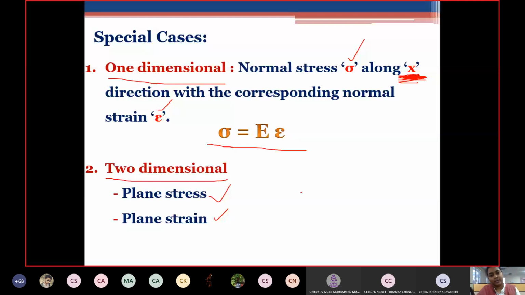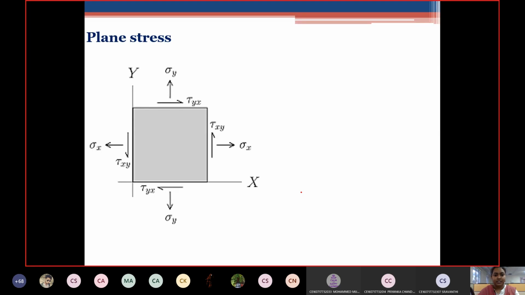Now because we are trying to consider the 3D element and reduce it to the 2D constraint, we will have two categories. Because we are trying to reduce from the constitutive matrix, we have to look at which terms present in the constitutive matrix will become 0. First one is plane stress. It may not be the z direction only, but because in 2-dimensional we will have only x and y, I am considering that the z direction is eliminated.